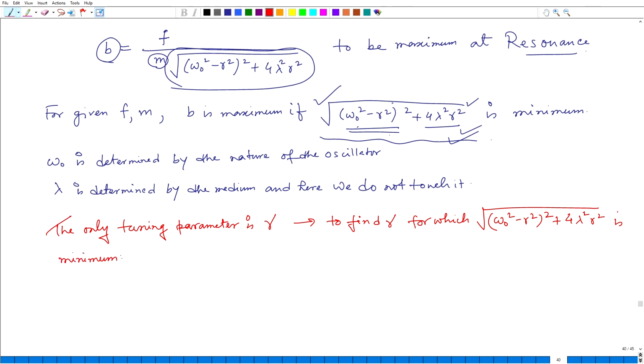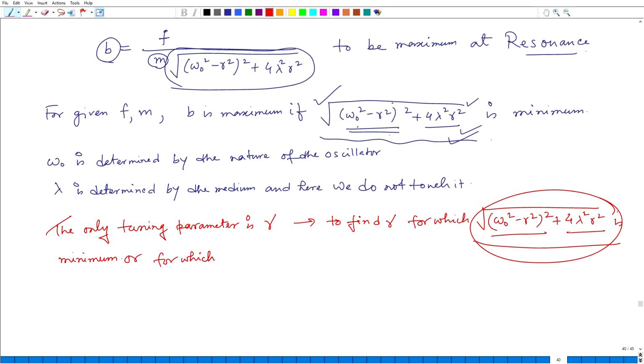Now, once again, since both of them are positive definite, I can also say finding the minimum of this thing or the square of this thing, they are the same. So, for which omega 0 square minus gamma square whole square plus 4 lambda square gamma square is minimum. Okay.